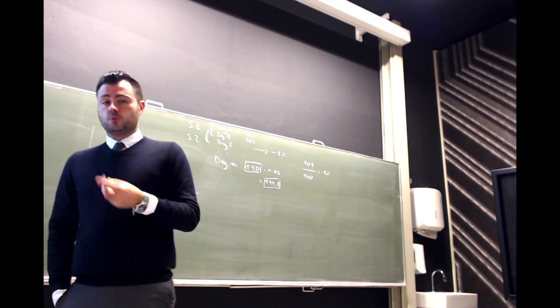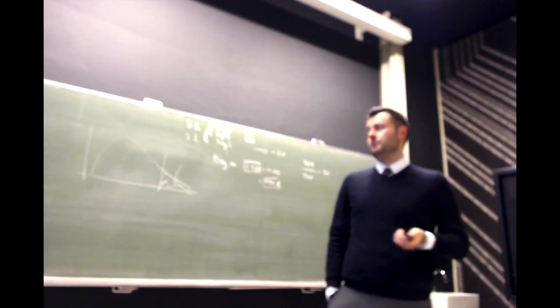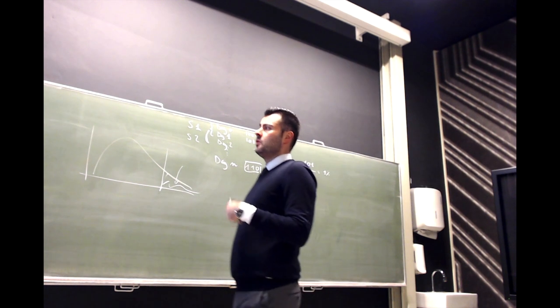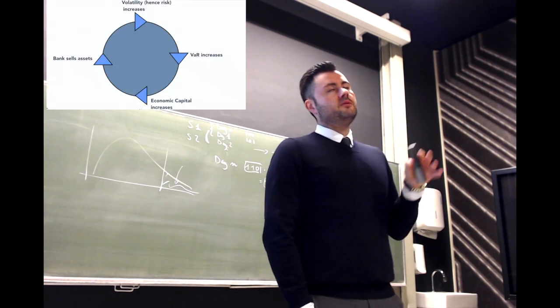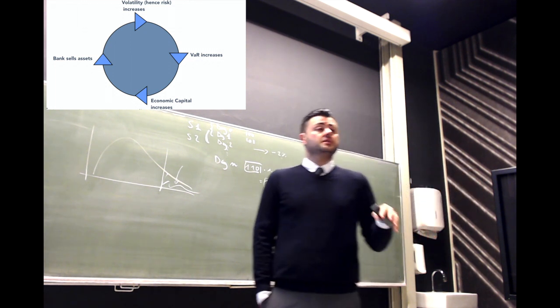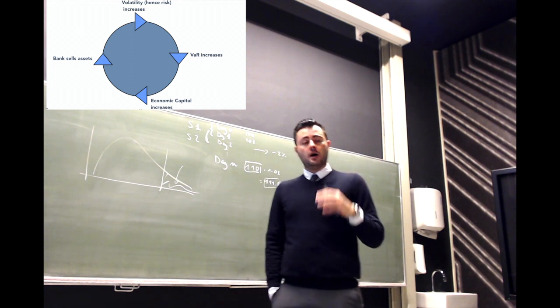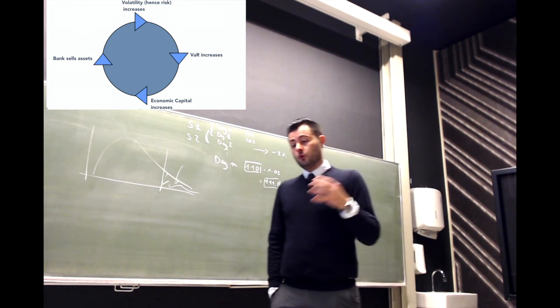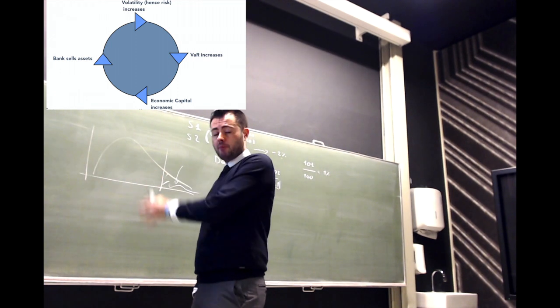A very important problem, probably even worse than not being coherent, is the problem of procyclicality. It's not a problem of value at risk per se, so it's not that value at risk per se is procyclical, but it is a problem of the value at risk in combination with the rules of Basel.